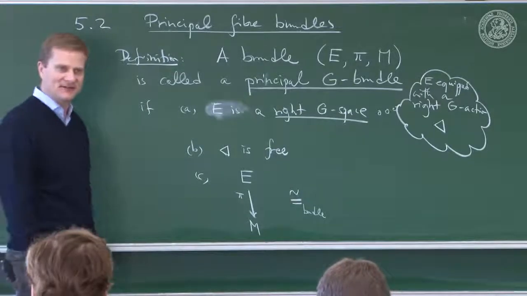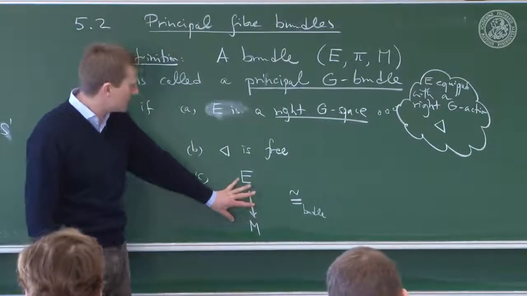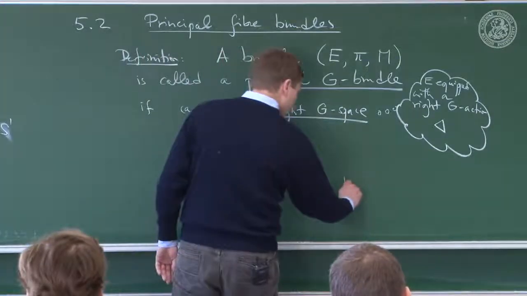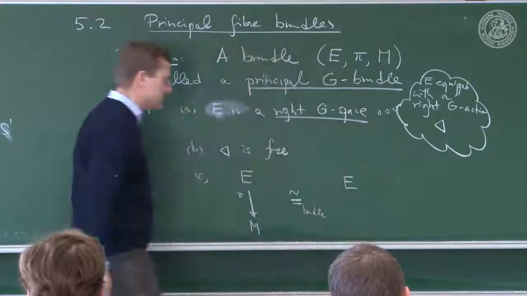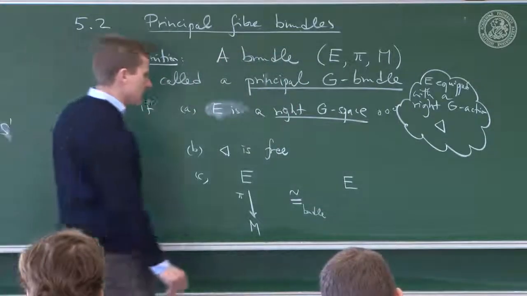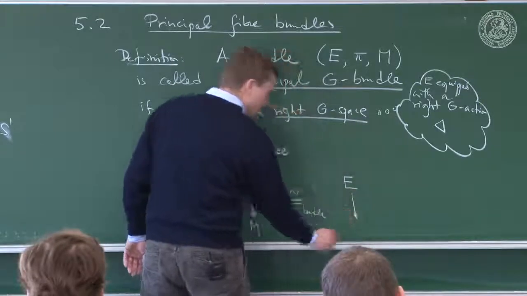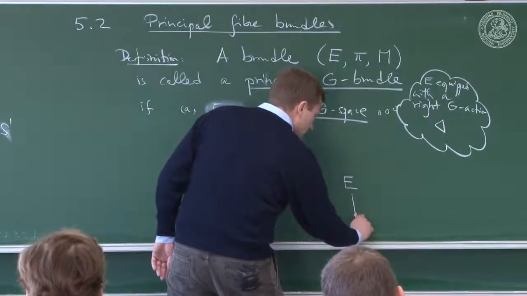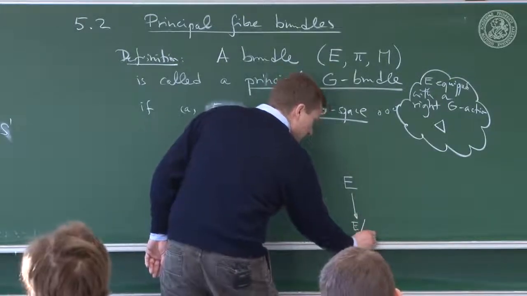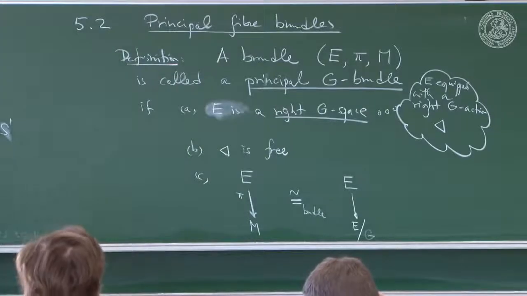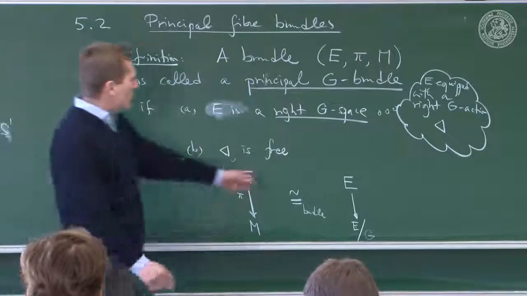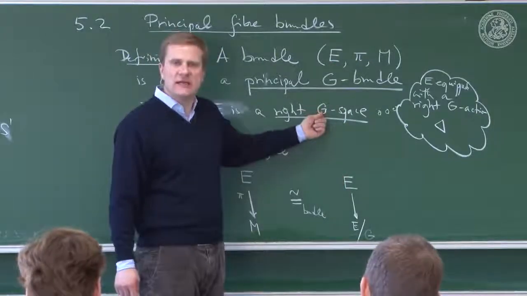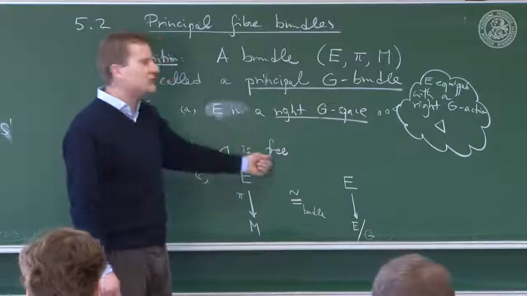Maybe I remind you in a second. But first the definition. This is called a principal G bundle if as a bundle it's isomorphic to the following: I take again the same total space E, but I compare with the bundle that's built from the same total space going down into the orbit space of this total space under the action of the Lie group. So I have a manifold E, the total space is a manifold, and I have a right G action on it. The G action is free.